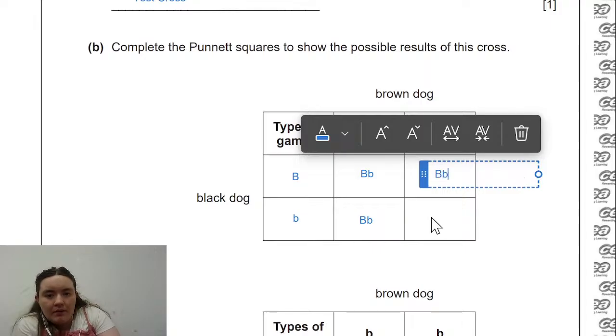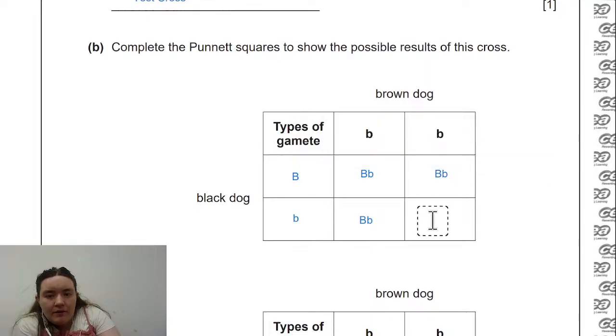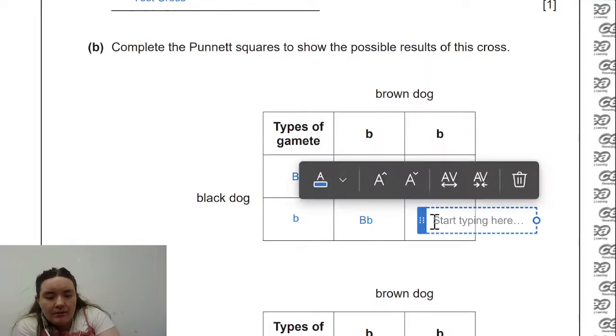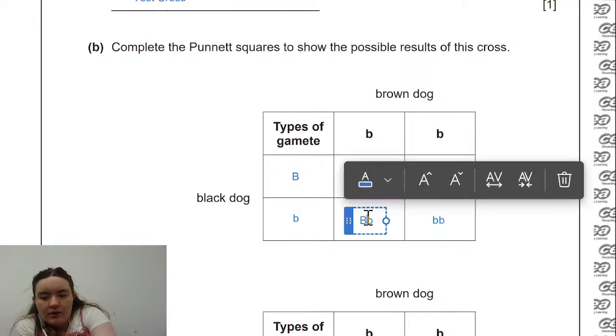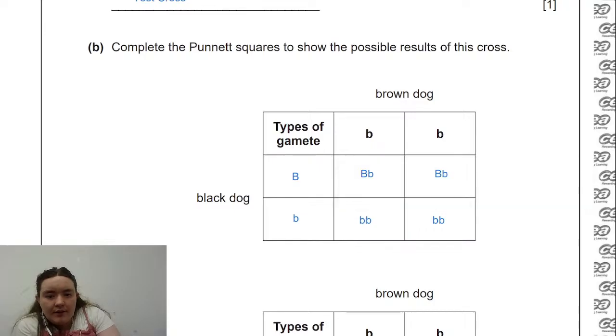And this one's going to be small b, small b. And I made a mistake in this one. That is going to be small b, small b. So then for this type of gamete, we're going to have the 2 big B's there.